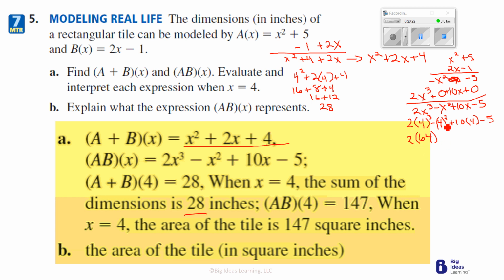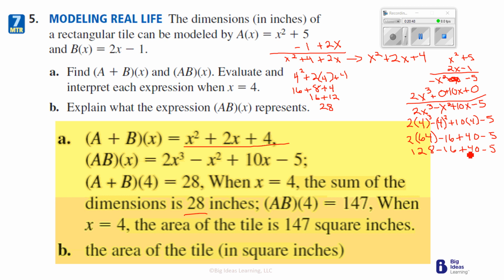Then minus 4 to the second power, that's 16. Then plus 10 times 4, that's 40. Then minus 5. 2 times 64 is 128. Now minus 16 plus 40 minus 5.